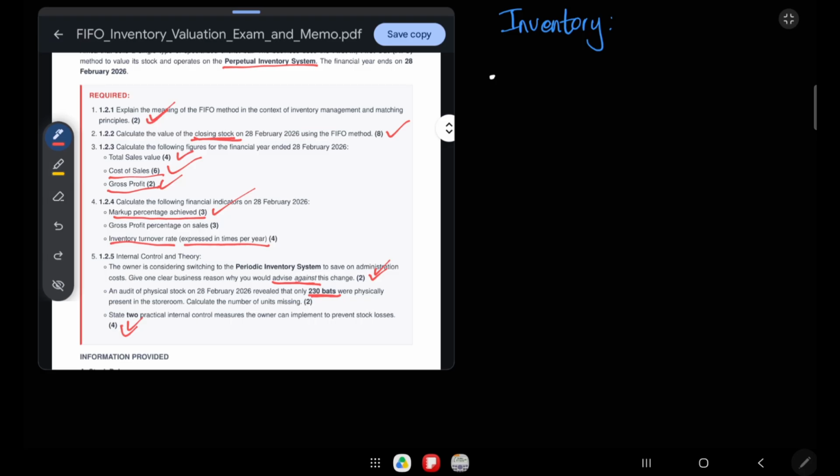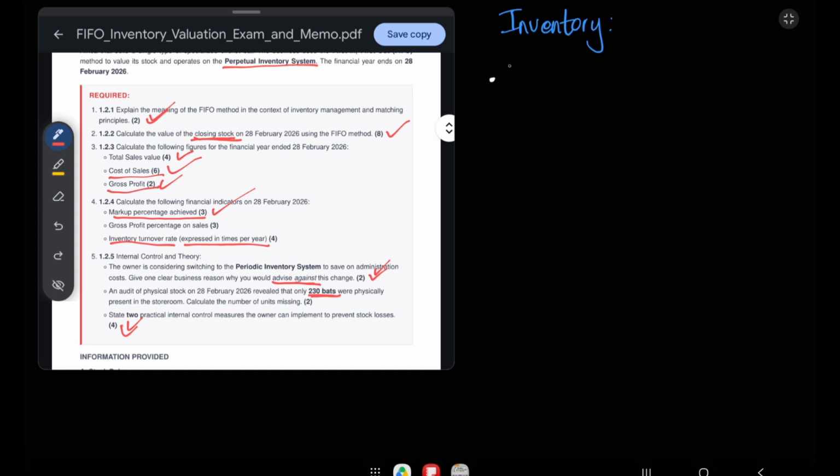What can you do in your company to avoid experiencing theft? In this case, there are beds that are missing. And you guys saw the sales and the units. This company is worth a lot of money. There are millions involved. So what should a multi-million rand company do to prevent stock losses or theft?